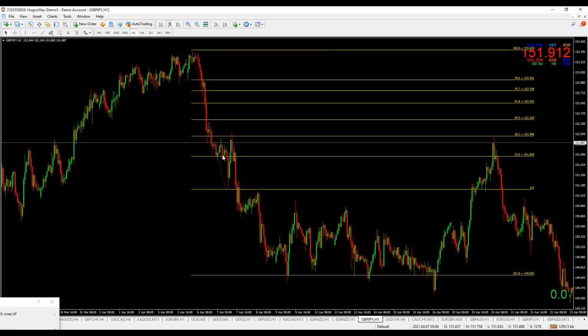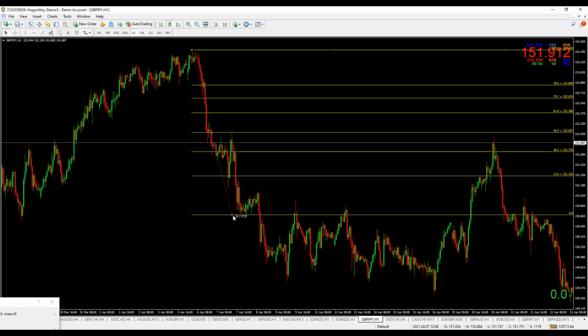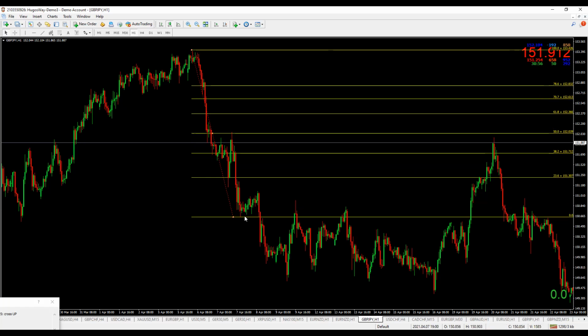Now, what if it was the case that when we saw it, this bit had happened, it was this one we were seeing? We still will start there and just draw the fib to end here.